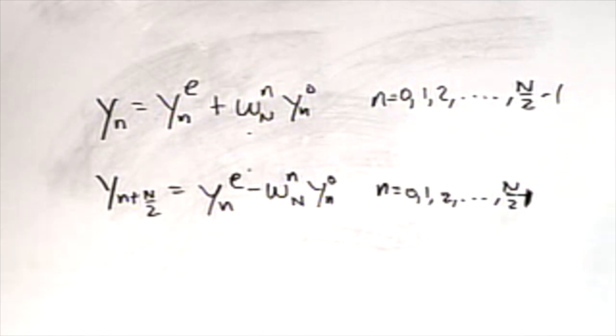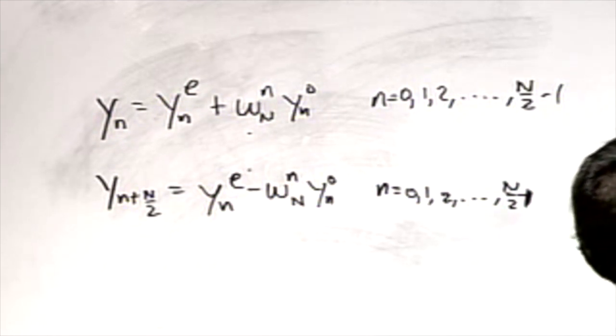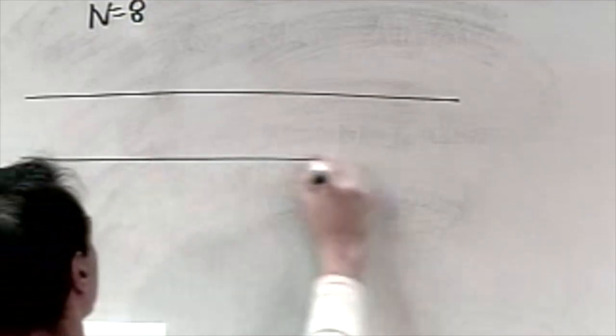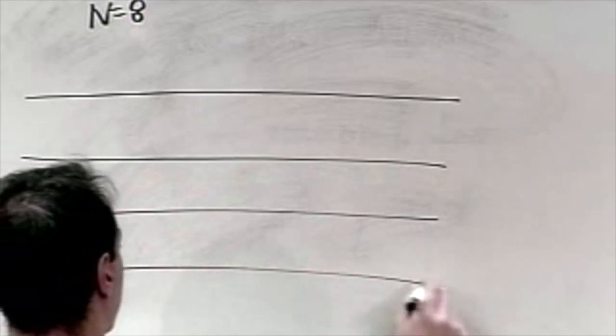All right. So graphically, let me show you what happens in this. Let's take a problem where I take n equal to 8. And I've shown you this classic picture.